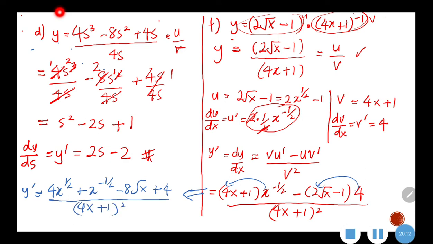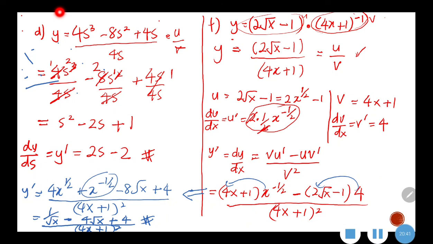If the question asks you to simplify, then you have to simplify like this. Okay, so we get the answer here. This x power of negative half is 1 over square root x. Minus 4 square root x plus 4 over 4x plus 1 square. This is the final answer. Over 4x plus 1 everything square.